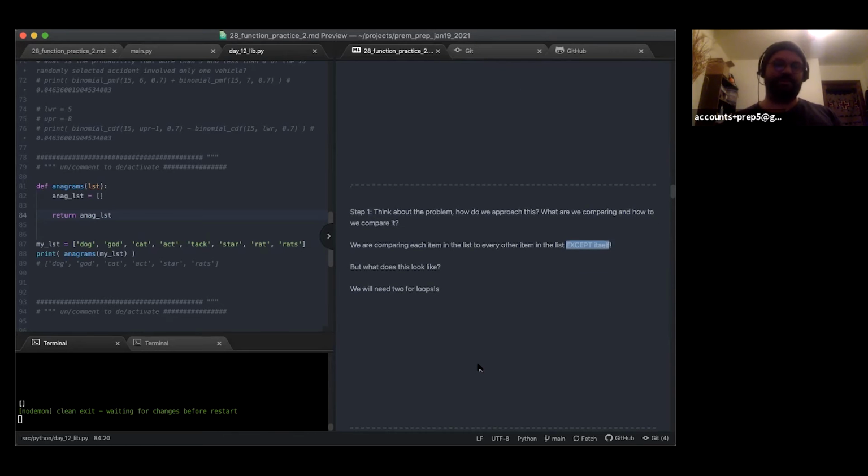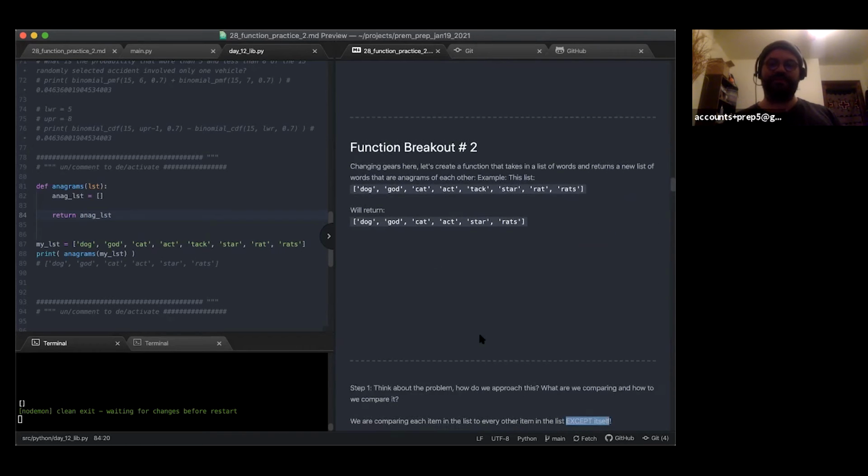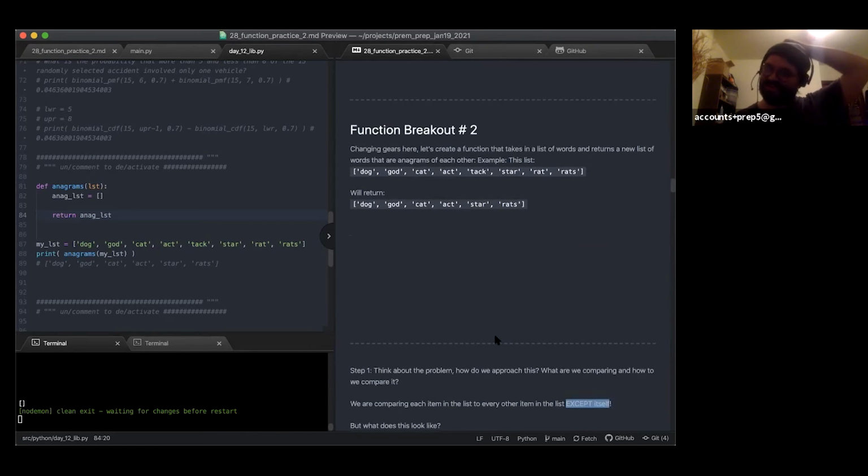Cool. So the question is, how do you compare every word in the list to every other word in the list? And I saw some good stuff. I want to kind of pull out some suggestions here, but feel free to, so the question on the table now for you, put this in Slack. How do you compare every word to every other word in the list?